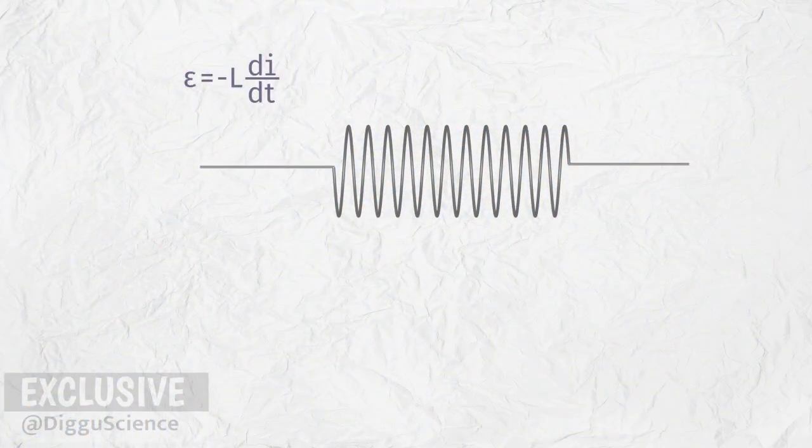Now, assume an electric current flows from left to right. When the current increases, such as immediately after we close a switch, the value of di dt is, of course, positive. We have studied derivatives in the previous semester. Determining the sign of the derivative is not complicated. We can ignore the sign of L, because the sign of this quantity is always positive.